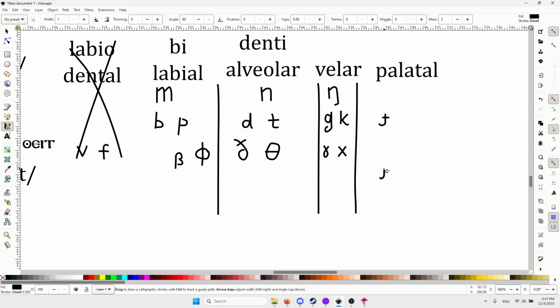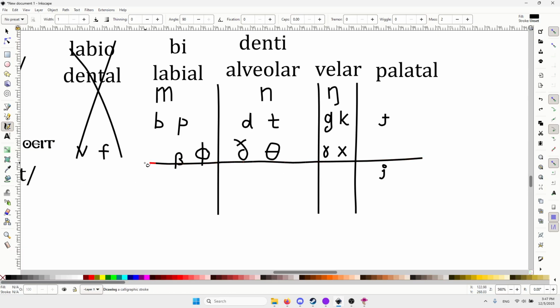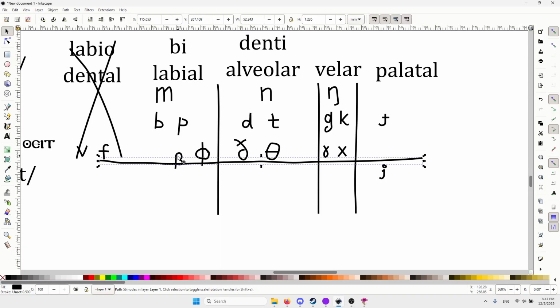Then we have this ya sound, which is written in Gothic like this, with a G-looking symbol. Okay, so these are the approximants, and I can do better than that. I'm just going to move these up here.